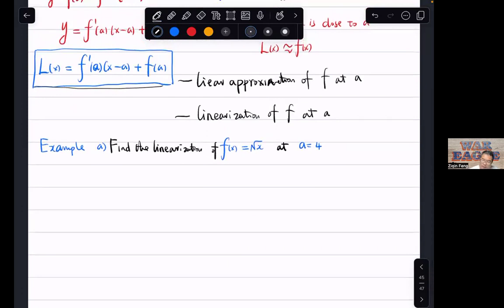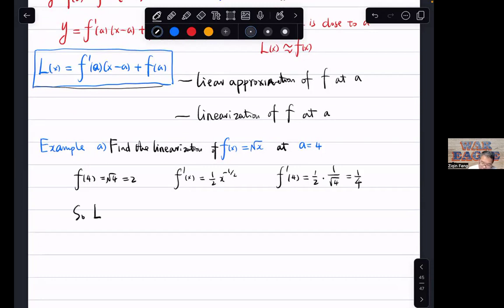We know that f of 4 equals root 4, which is 2. Now we want f prime of a. We know that f prime of x is 1/2 x to the negative 1/2. So f prime of 4 is 1/2 times 1 over root 4, which is 1/4. That's all the numbers we need for the linearization.